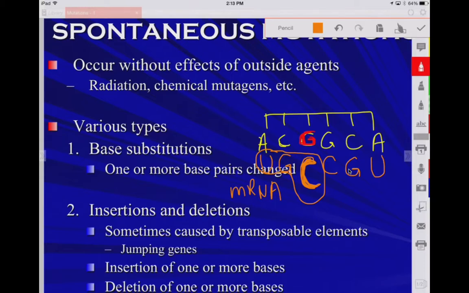It's not just base substitutions that you can get. Sometimes one of these can literally be eliminated. And if you eliminated one of these, that could be a major problem. Let's just undo what we did there.